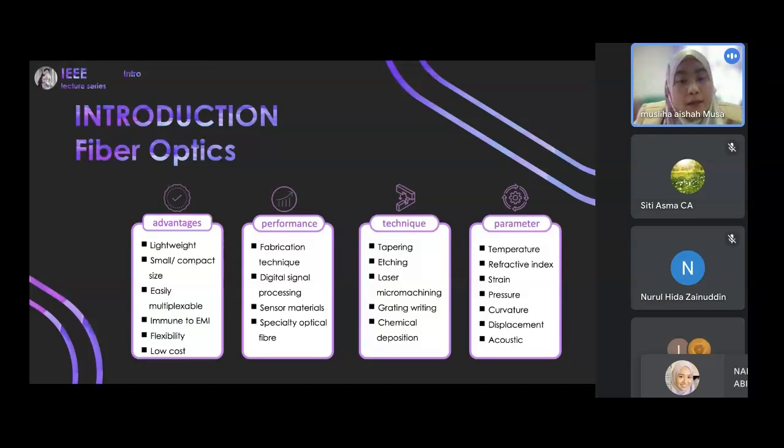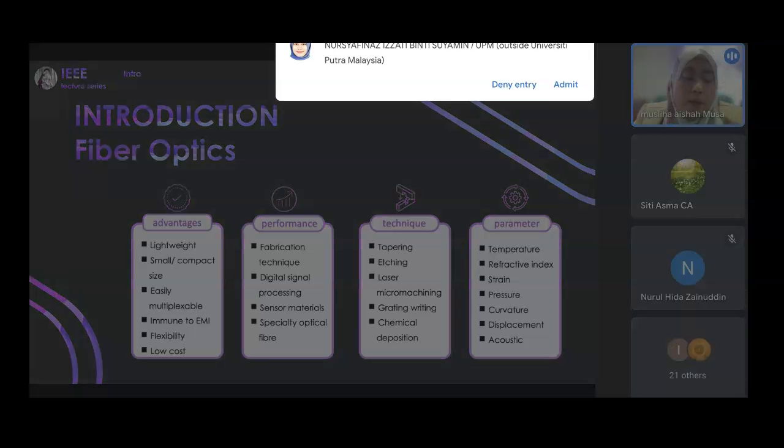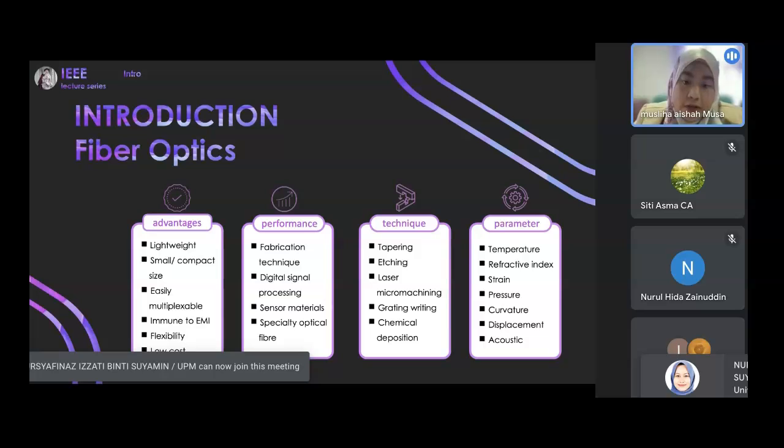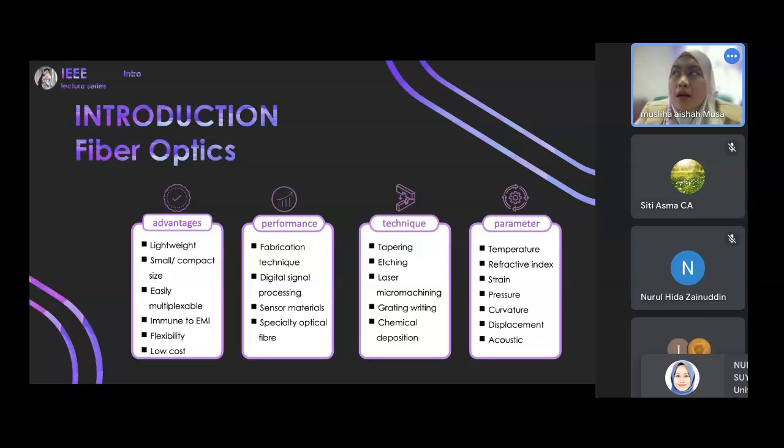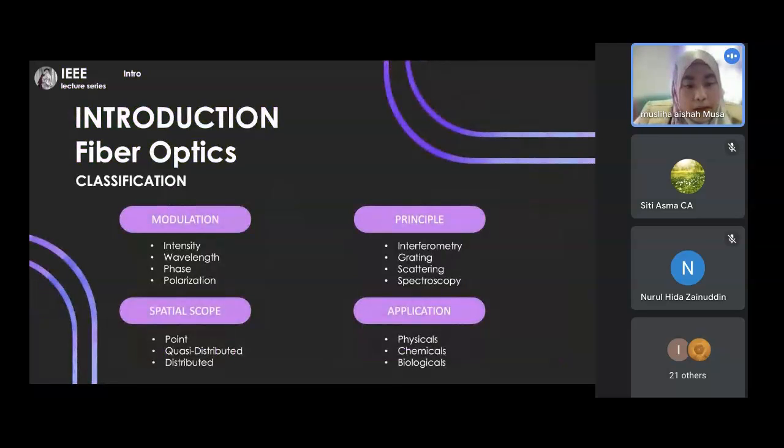The techniques that we can apply in fabrication are tapering, etching, laser micromachining, grating writing such as fiber grating, and chemical deposition. The parameters that we can focus on by using a fiber optic sensor are temperature, refractive index, strain, pressure, curvature, displacement, acoustic, vibration, and humidity. There is a lot we can achieve with fiber optic as a sensor.